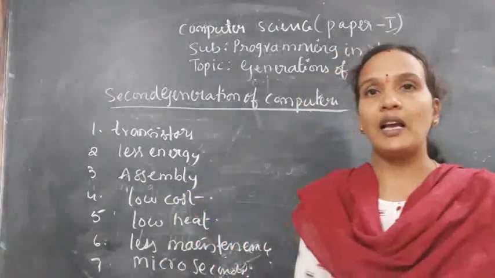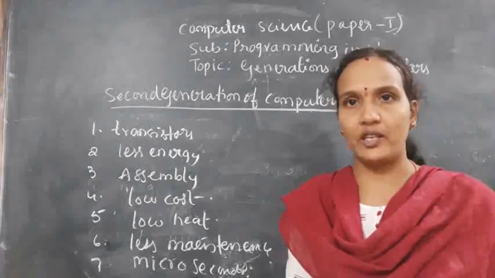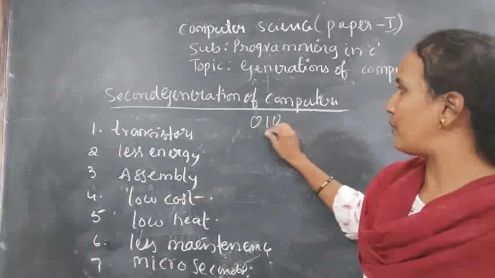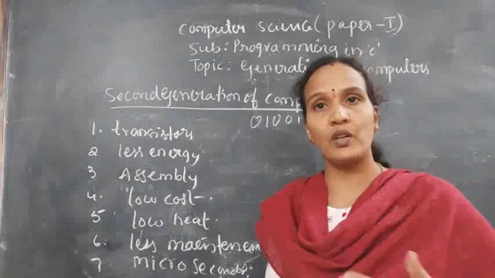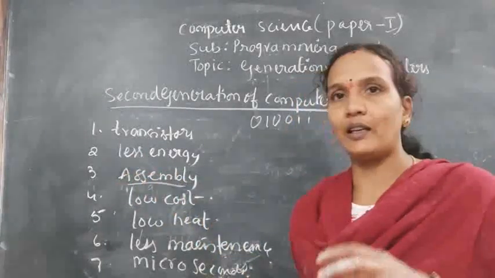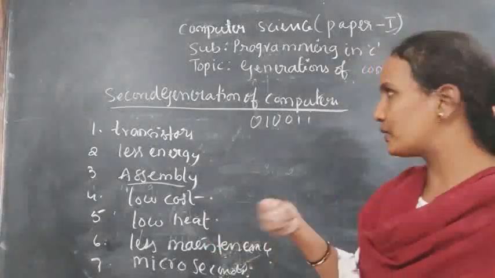Assembly language. Assembly language is very user friendly compared to the machine language. In the machine language we have only 0s and 1s, like 0, 1, 0, 1, and whatever you enter should be converted into machine language. But assembly language is similar to the English language.